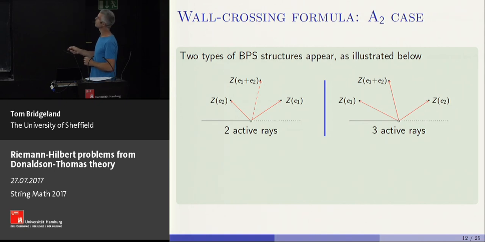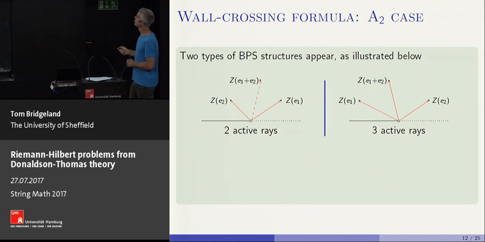So on one side of the wall, we have this situation, this is to the right, and on the other side of the wall, we have this situation, Z of E2 is to the right. In this case, you have 3 active rays, and in this case, you only have 2 active rays. This is dashed because it's not an active ray. The BPS invariant of this one, E1 plus E2, is 0 on this side, so I shouldn't really have drawn that at all.